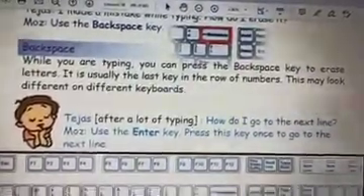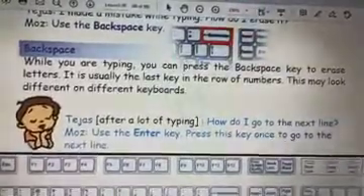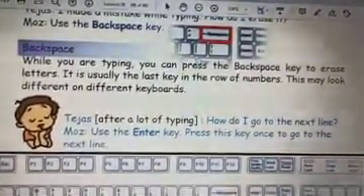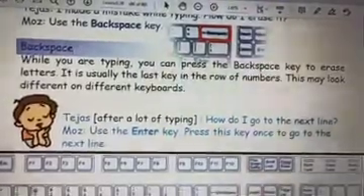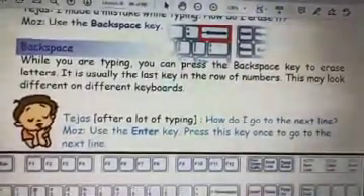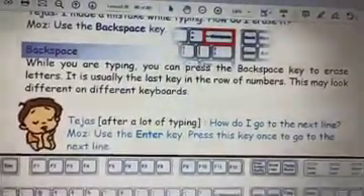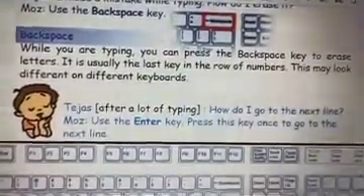So for that purpose we use the backspace key to erase the letters. The last key in the row of the numbers, after the number keys, the last button is called the backspace key, and it may look different on different keyboards, right?